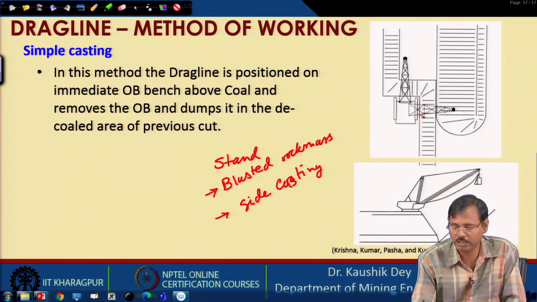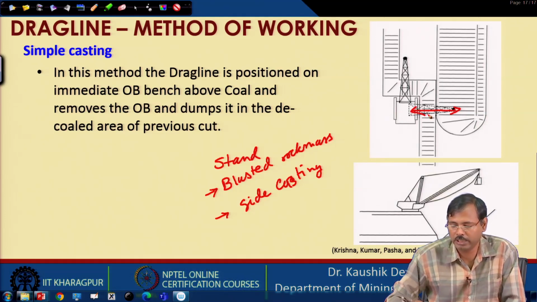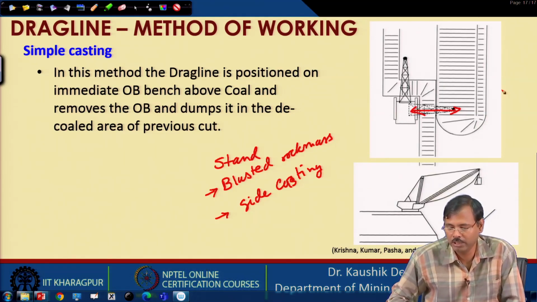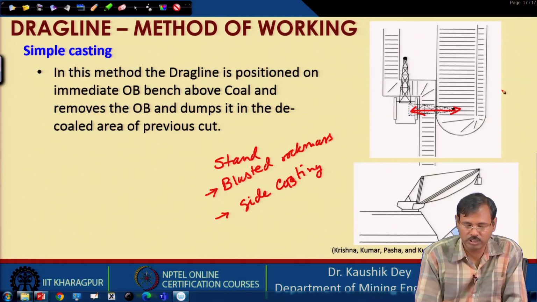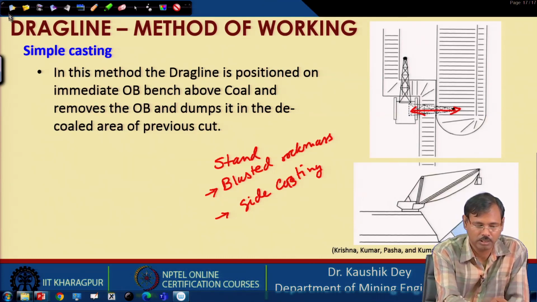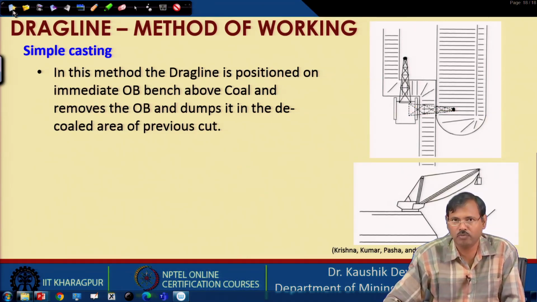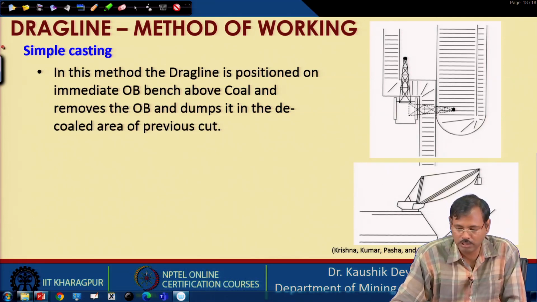So, in side casting the maximum boom reach is utilized and gradually the complete material can be taken out. This is the simple casting or side casting in general followed for most of the bedded deposit operations like coal mining, etc. These are basically commonly used.